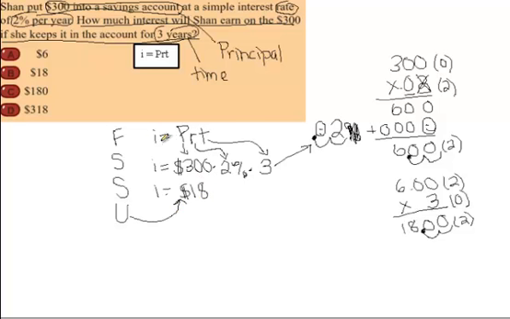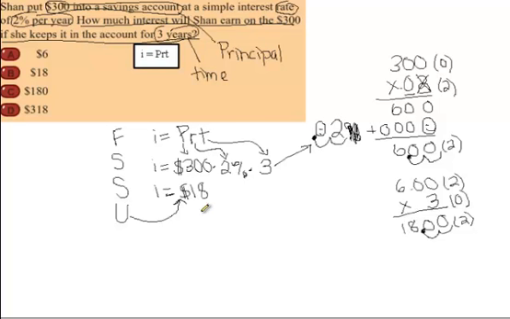So you write down the formula, you substitute in the numbers for the letters, then you solve, which is what we did over here, and then you put in the units. But just so you're clear about what this means in a problem like this, if you put money in a bank, depending on the interest rate and how long you keep that money in the bank, you will just make money.